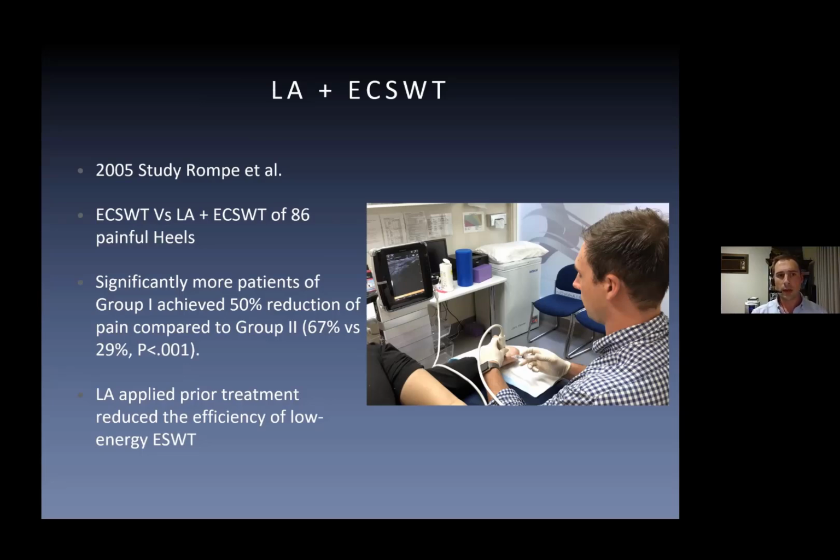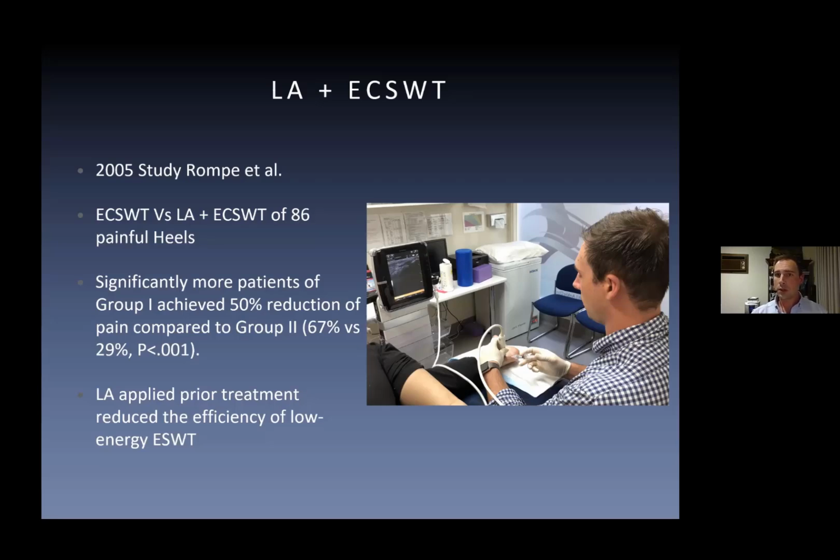What they looked for in terms of a significant improvement was a greater than 50% reduction in the patient's symptoms. In the group who received the nerve block, only 29% had a greater than 50% improvement, versus 67% in the group without the nerve block.